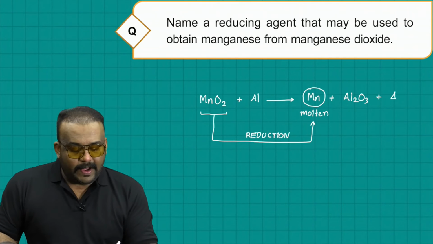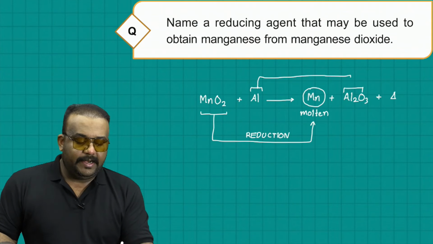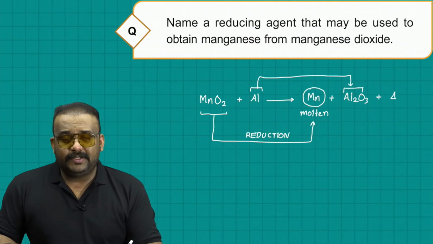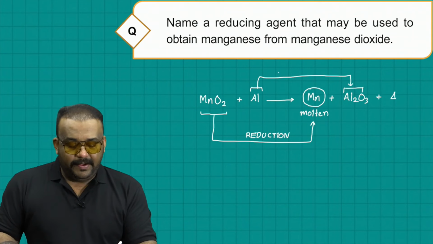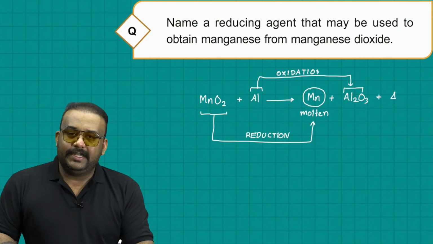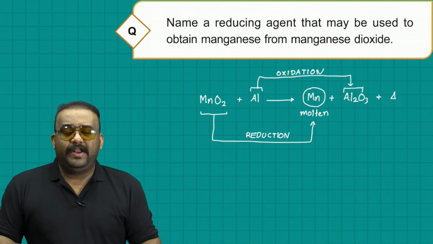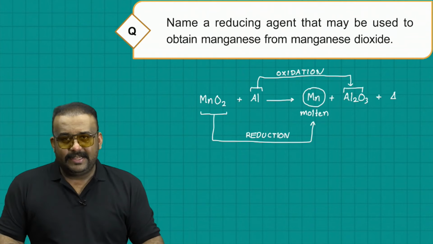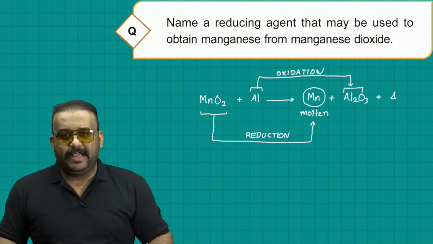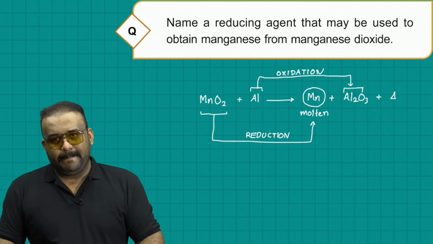And if you look into aluminium, aluminium is changing into aluminium oxide, which is the process of gaining oxygen. And you have studied that the process of gaining oxygen is called oxidation. Hence, in a reaction, when one species is getting oxidized, the other species will definitely be getting reduced, and such reactions are called redox reactions.